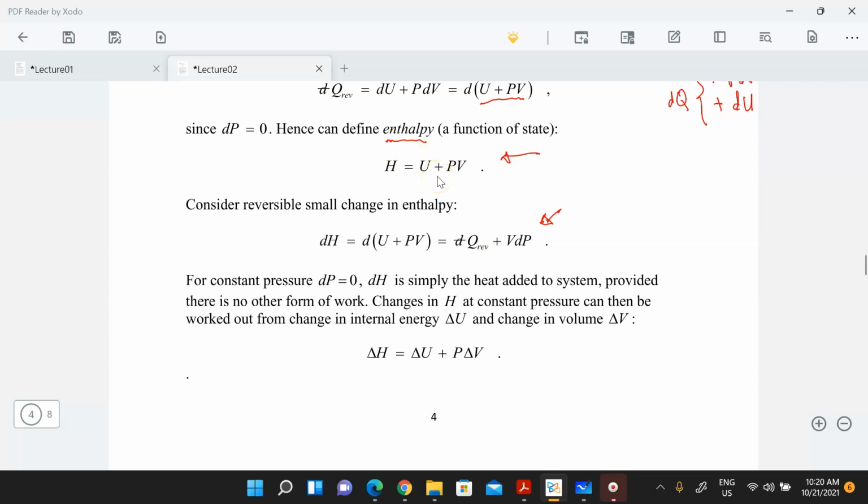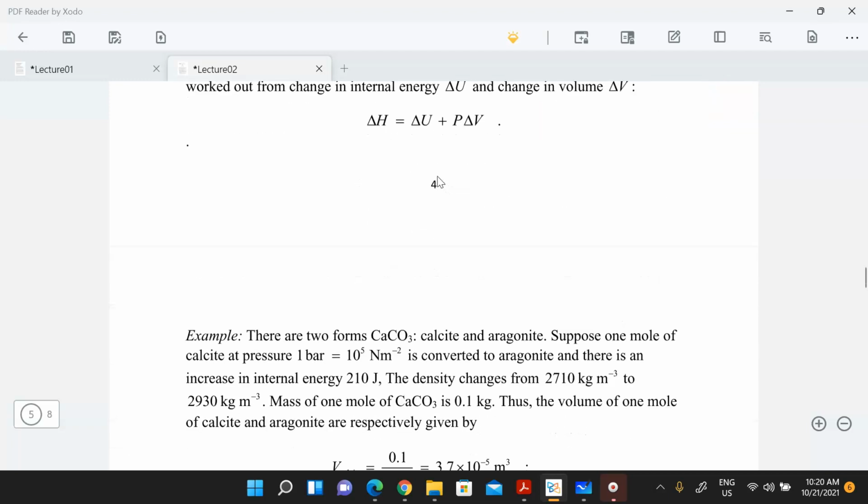Here's an example in the book which was initially mysterious to me, but then I had to look up other references because I can't remember some of this stuff anymore. This is essentially chemistry. There are two forms of calcium carbonate, calcite and aragonite.